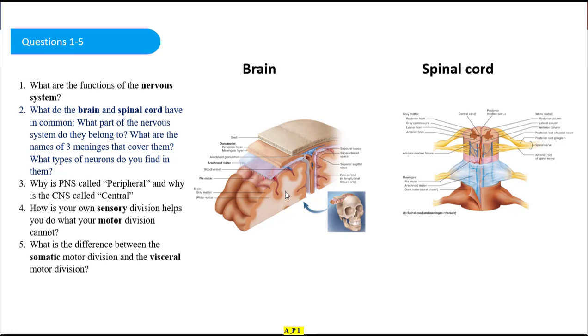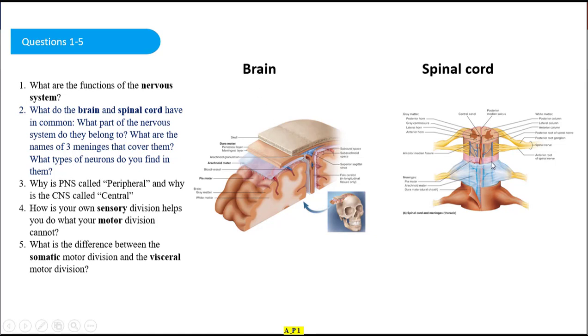Now, the nerves that come from the brain are called cranial nerves, but the nerves that come out of the spinal cord are called spinal nerves. We have 31 pairs, meaning one comes out on each side. On the spinal cord, 31 pairs of spinal nerves. But on the brain, we have 12 pairs of cranial nerves.